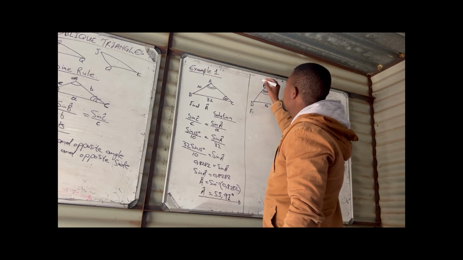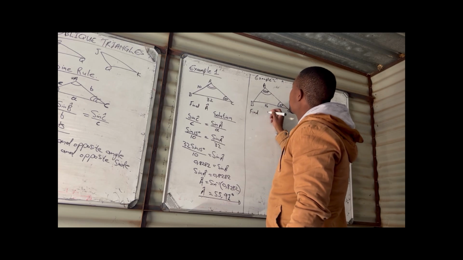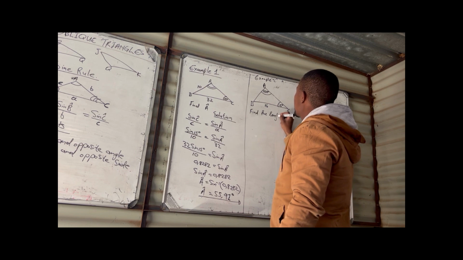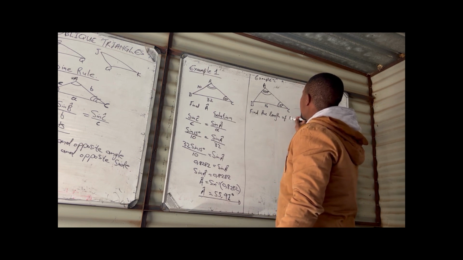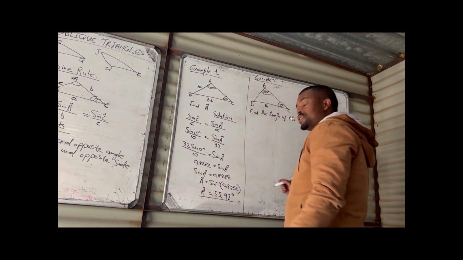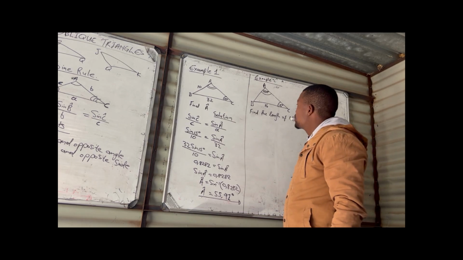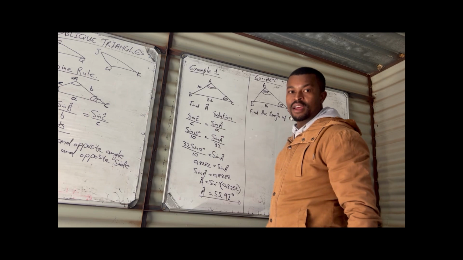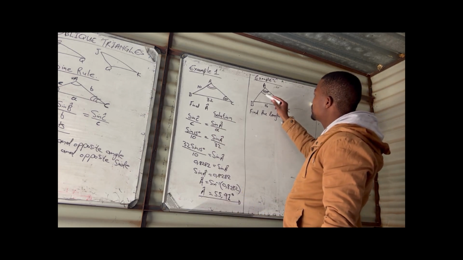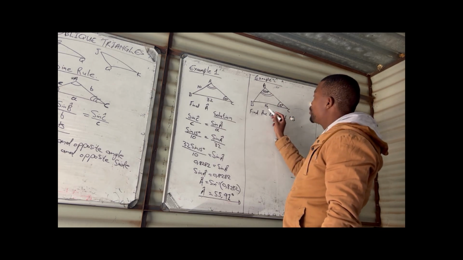This is example 2. Find the length of AB. So we have two angles and then an opposite side.